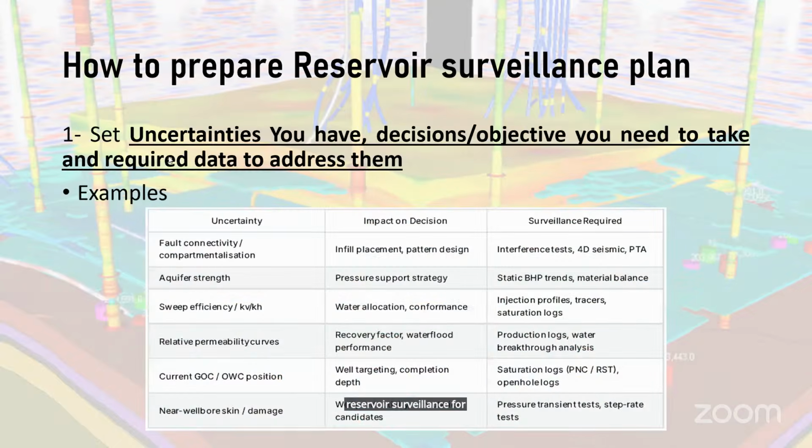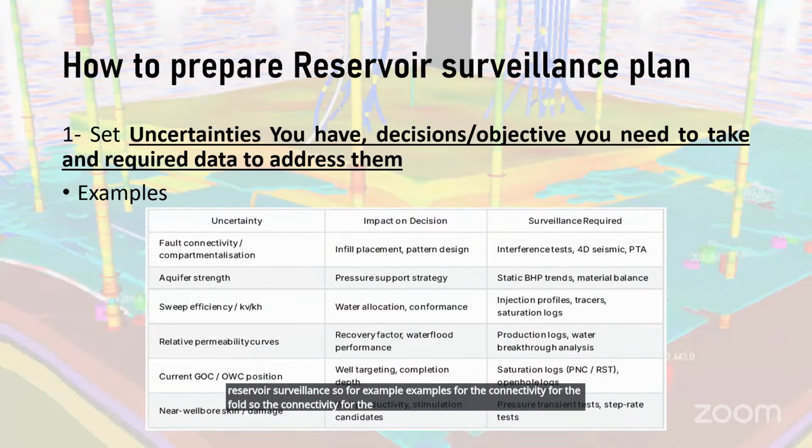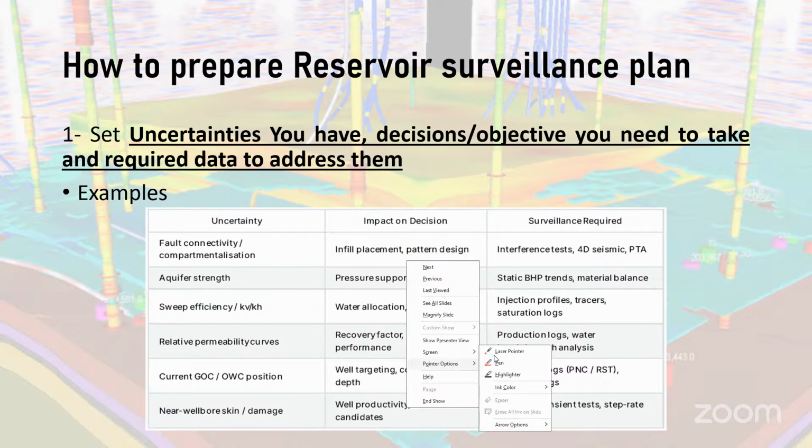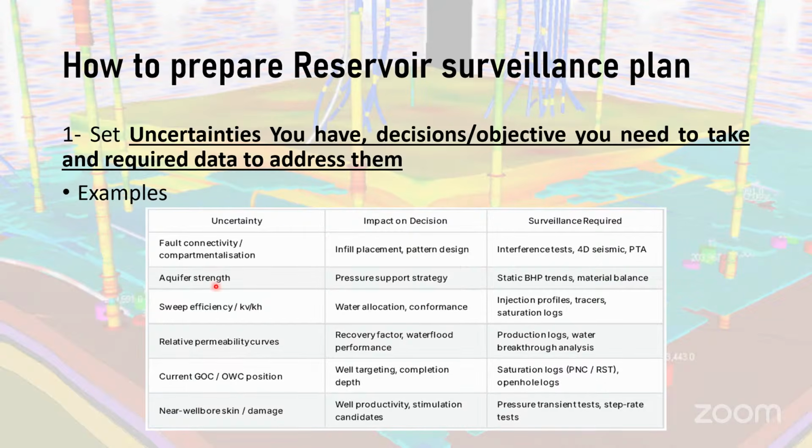So, for example, one of the uncertainties we have is the connectivity of the faults. The connectivity of the faults can be determined by acquiring the MDT on both sides of the faults, based on which you can take a decision to drill step out wells or infill wells. Maybe you also have uncertainty about the aquifer volume.